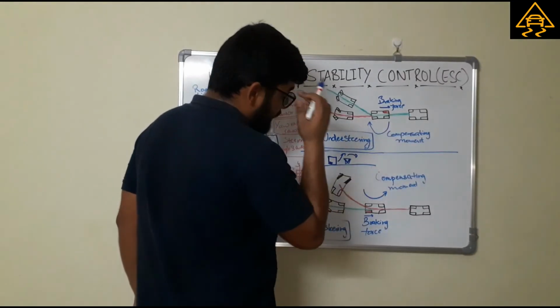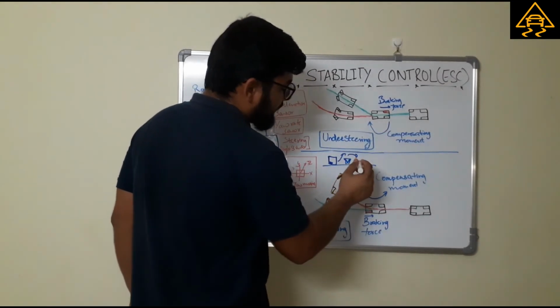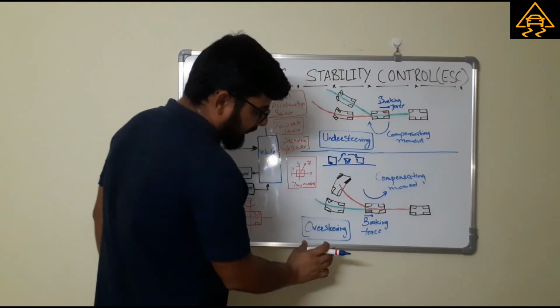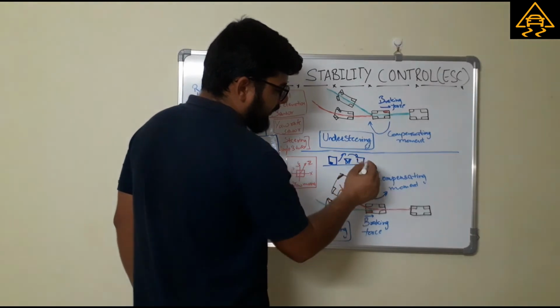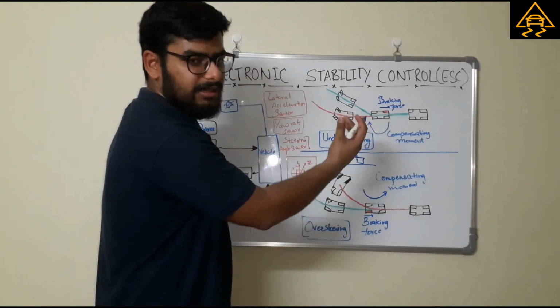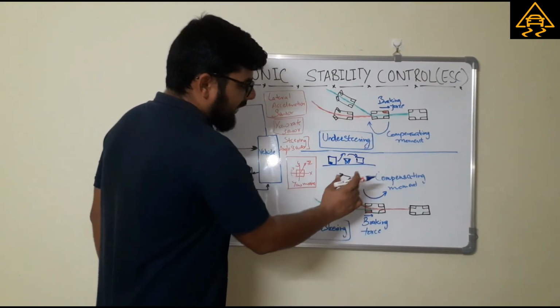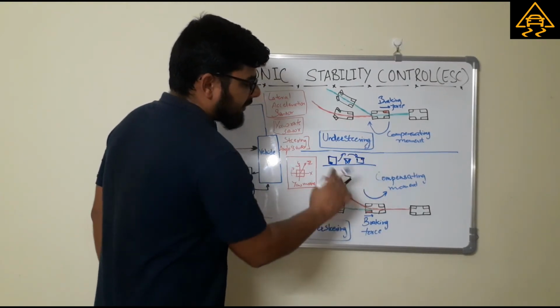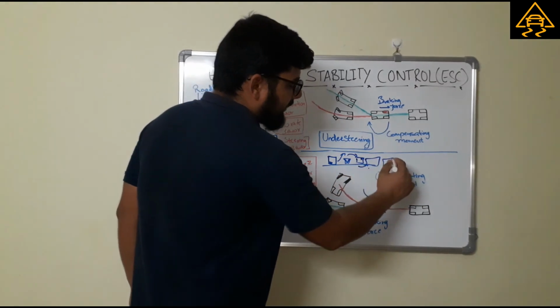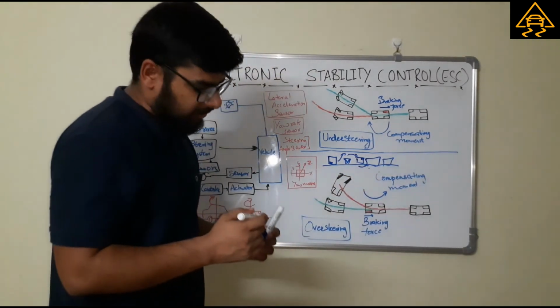When the turn is over and you want to come back into the same lane again, the situation is oversteering, so the vehicle is going to turn more than intended. Here again the electronic stability control system acts and brakes the front wheel to create the compensating torque, and the vehicle remains on the intended path and direction.